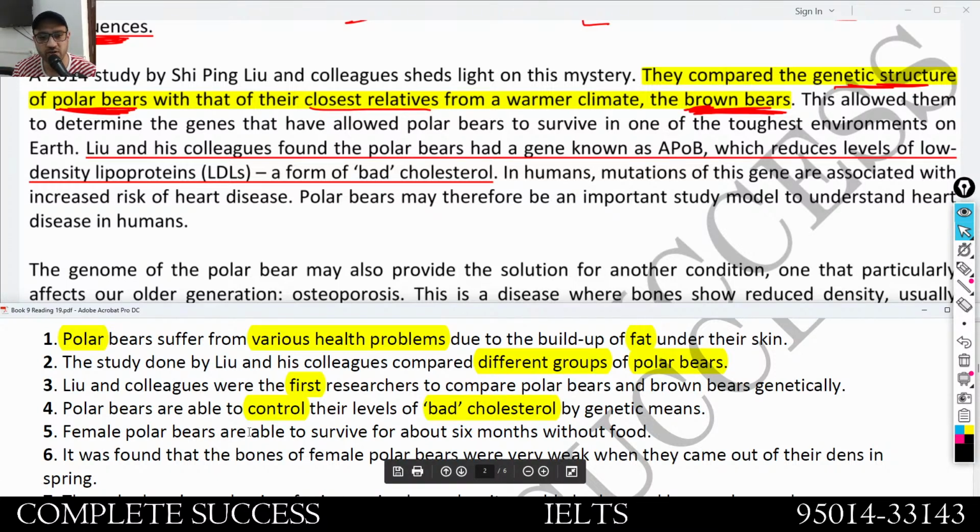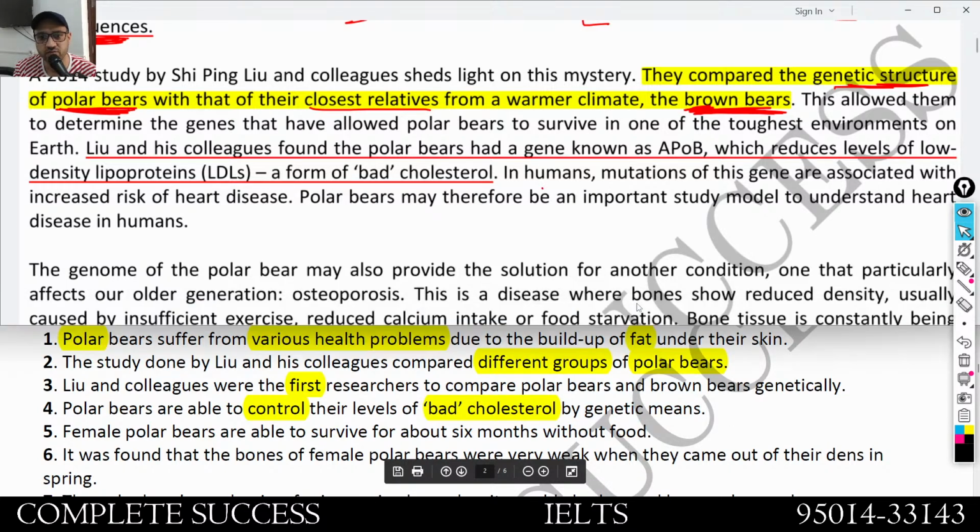Now, polar bears were able to control their level of bad cholesterol by genetic means. Is it true? Yes, it is true. Because if we see here, they found that polar bears have a gene known as ABOP, which reduces, this can be the synonym for control, the level of low density lipoproteins, LDLs, a form of bad cholesterol.